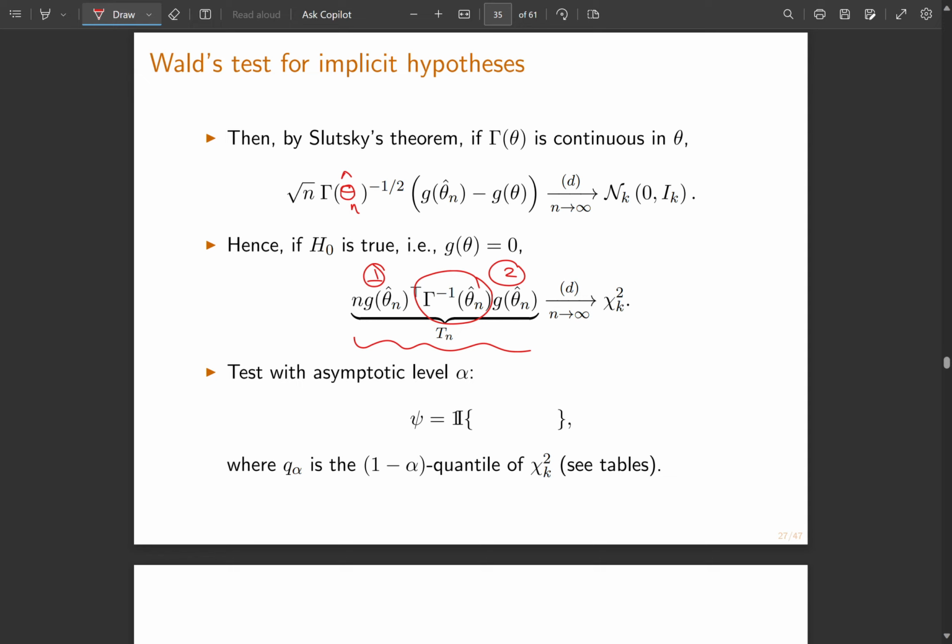Now, based upon this test statistics, we need to write a test. And what is this test? The test says that since this is chi-square, we need to reject if test statistics Tn is larger than something. And what would that be?